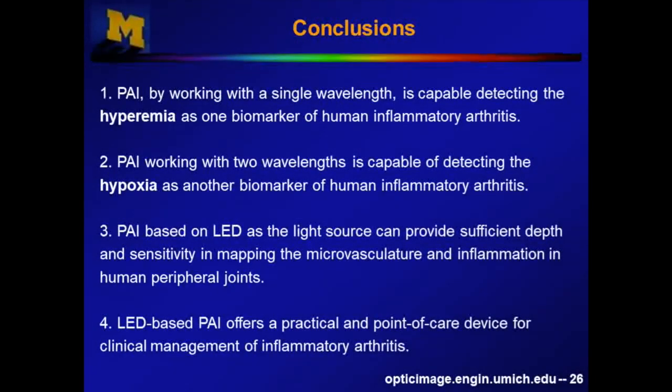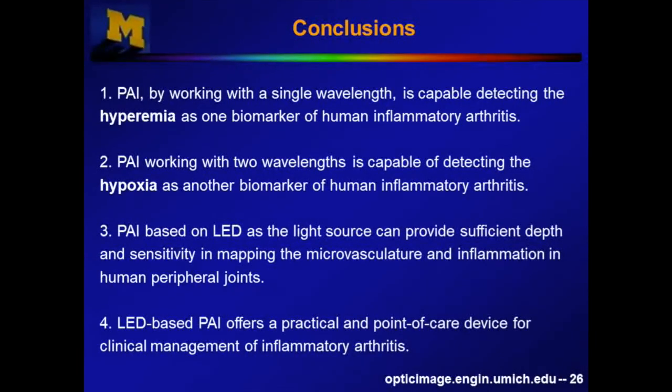Let's have a very quick summary. Photoacoustic imaging, working with a single wavelength, is capable of detecting hyperemia as an important biomarker of human inflammatory arthritis. It can also work with more than two wavelengths and detect hypoxia as another biomarker of human inflammatory arthritis.